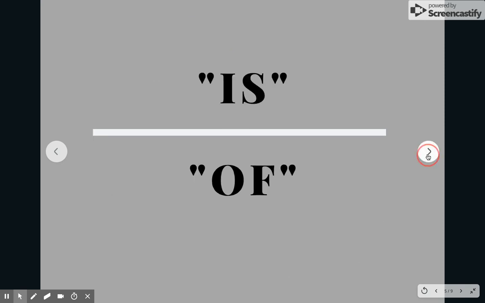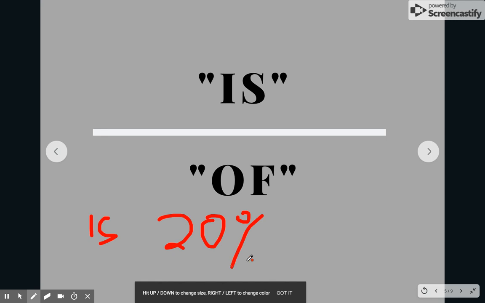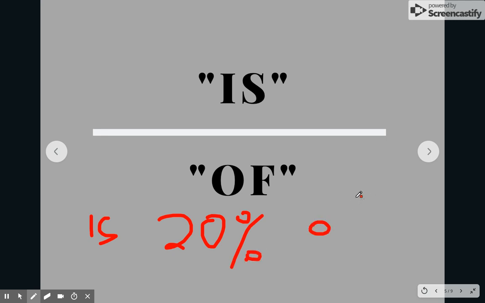Now, there's another scenario that I want you to be aware of, because this is another clue. So the new over original is one way to look at it. This is another, the is of. So if I want to know what is 20% of 80?